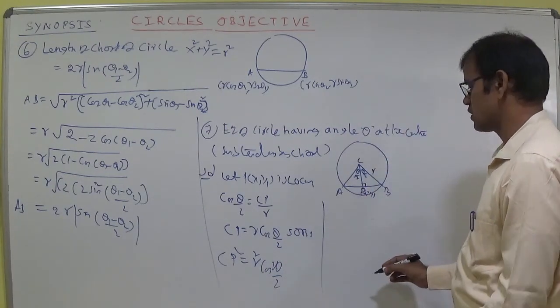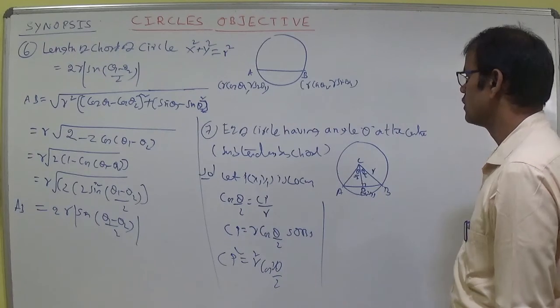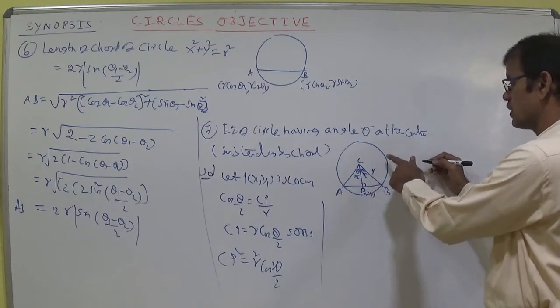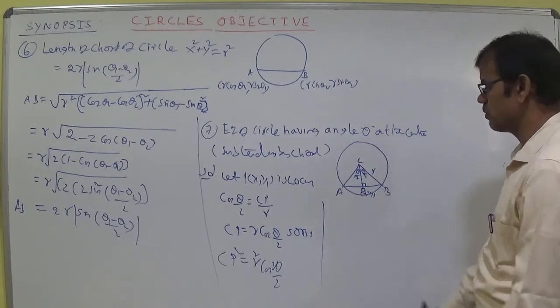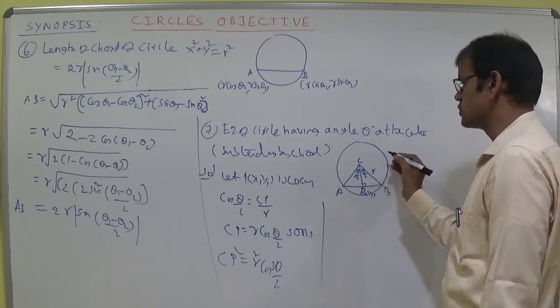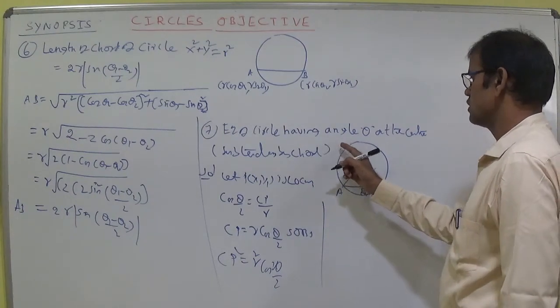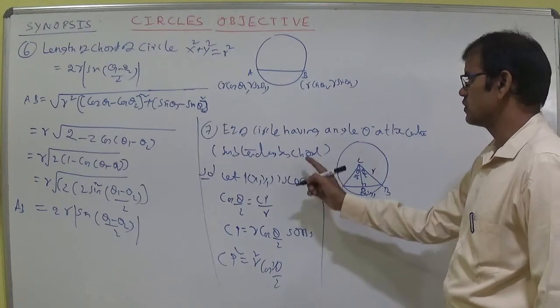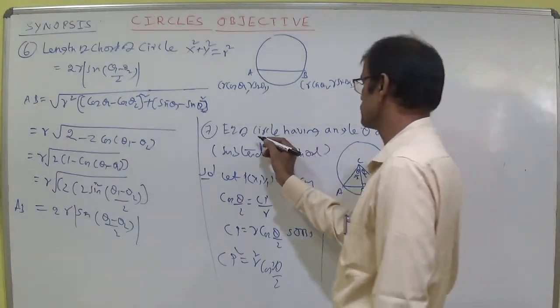Here C is the center. If it is minus g comma minus f, you write that. If it is 0 comma 0, the equation of circle having angle theta. Of course, here you should write equation of locus.